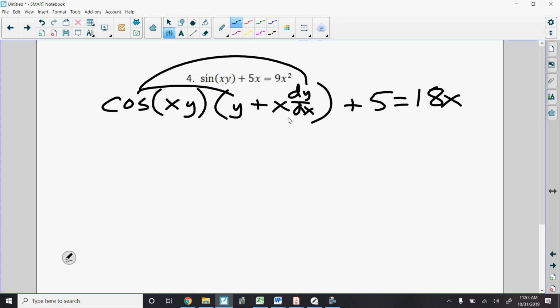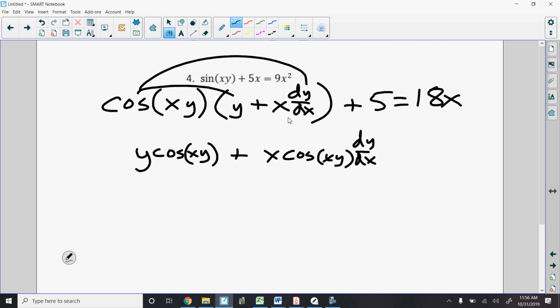Okay, that xy is tied into that cosine function. Right, so to distinguish it, I always write my y's or x's out front. So instead of writing cosine xy times y, I'm going to write y times cosine xy. Right. Here I'm going to put this x out front. And I always keep the dy dx at the back.